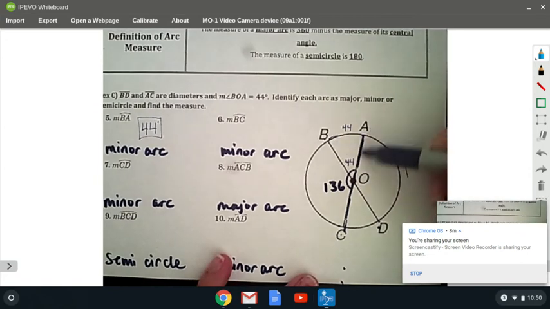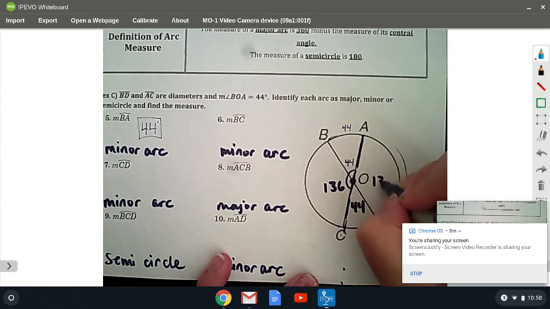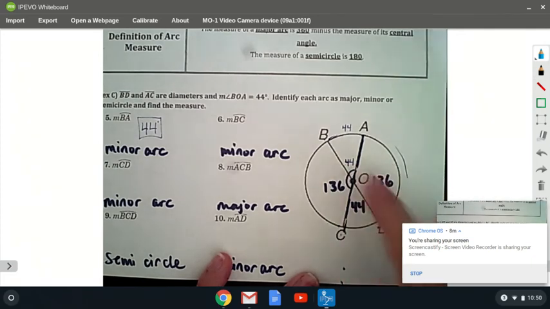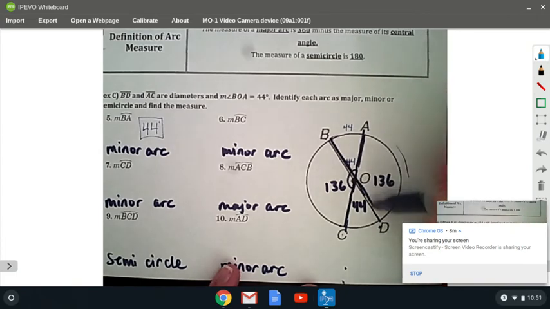So we can do 180 minus 44 to get that this is 136. These are vertical angles right here. So I can say this is also 44. This is also 136 because of vertical angles. Be careful using your vertical angles, because you always have to make sure they are vertical. This line goes directly into that one. This one goes directly into that one.